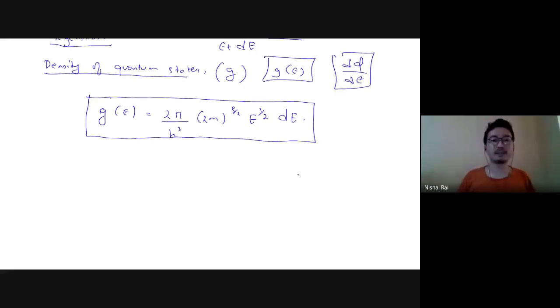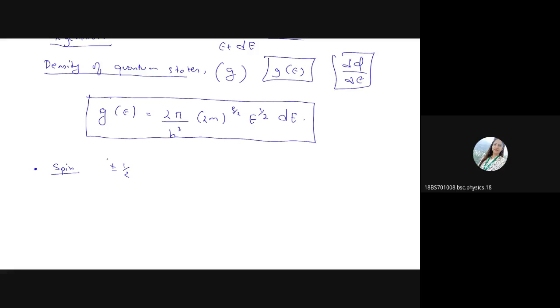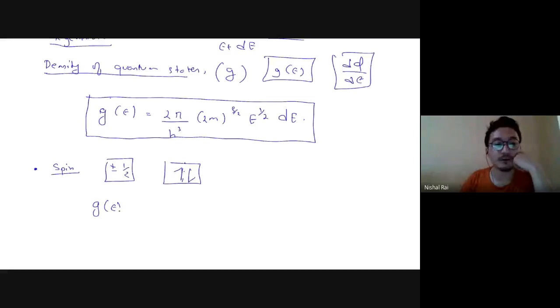Now, if you consider the spin as well, the spin could be either up or down, which is given by plus minus half. Do you remember? Yes, sir. Spin up or spin down? In chemistry also, I believe you have done. Yes, sir. So how many possibilities are there? Plus minus half. In addition to that, we have two additional states.